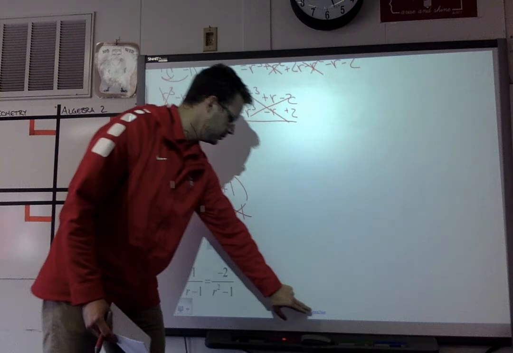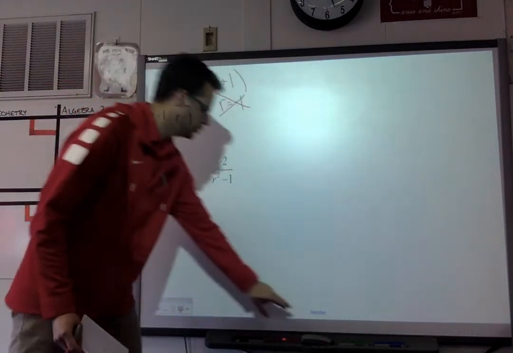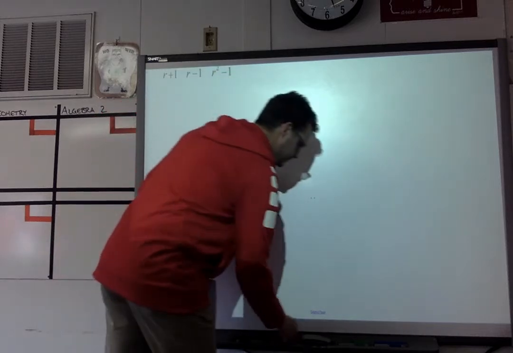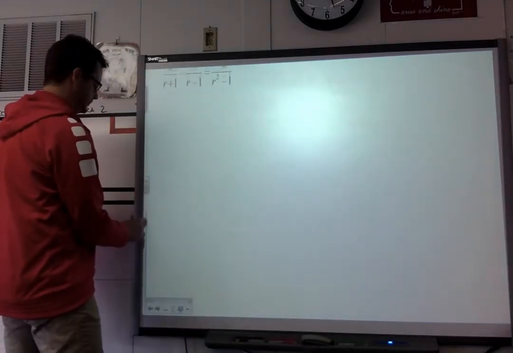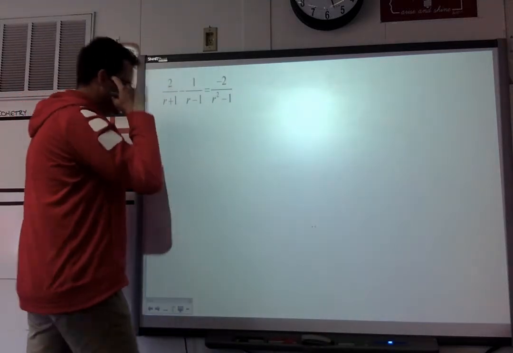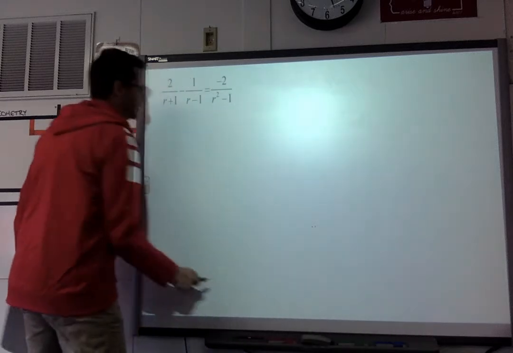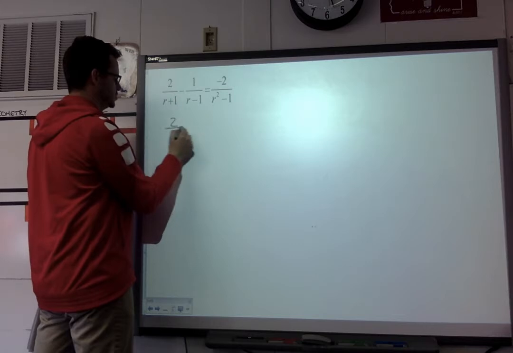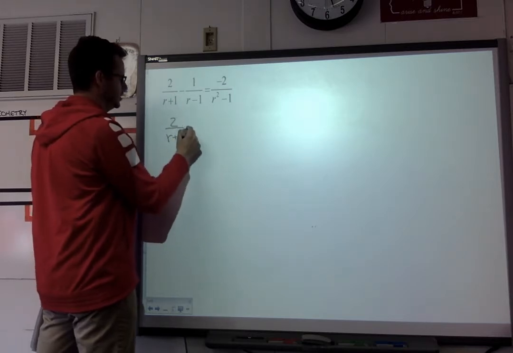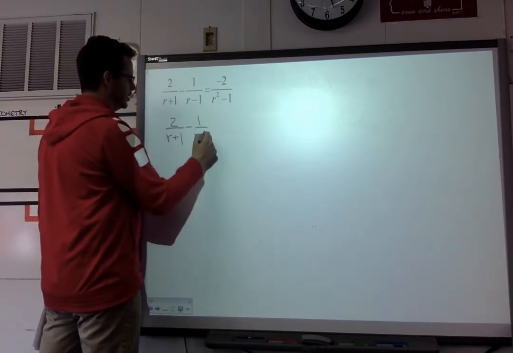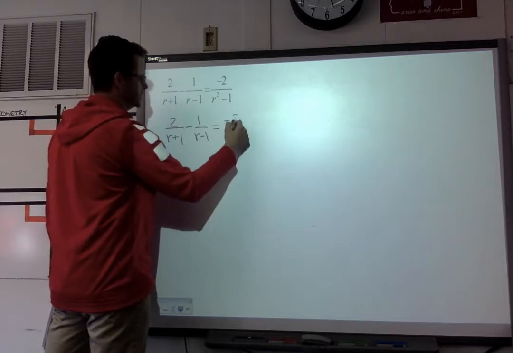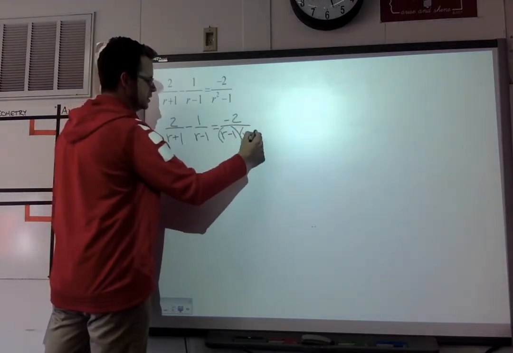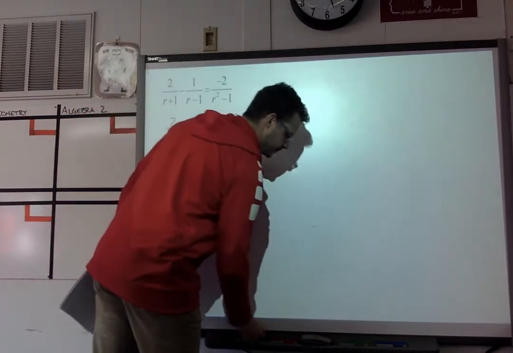Now let's walk through one more of these. This one we'll be able to walk through a little bit quicker here. So again, first thing we always want to do is get it written out so that all of our denominators are simplified. So 2 over r plus 1 minus 1 over r minus 1 equals negative 2 over r minus 1 times r plus 1.